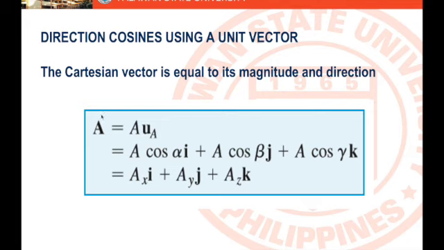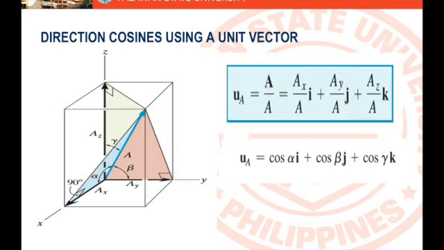Okay, so just a review. Our vector A is equal to the magnitude of A multiplied by the direction, the unit vector in that direction. And we can write the unit vector in that direction as cosine alpha i plus cosine beta j plus cosine gamma k, that is in the previous equation here.